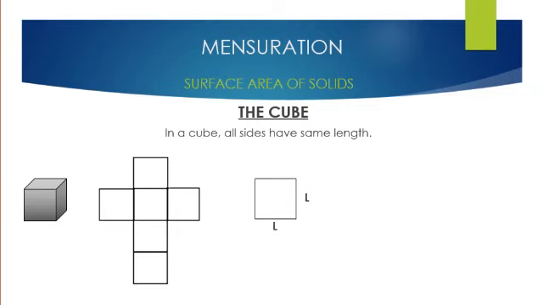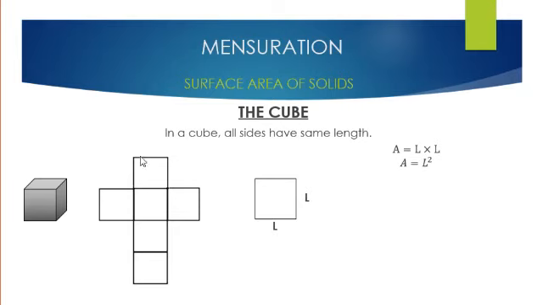So how do we find the area of such a 2-dimensional figure? We just multiply L times L, right? So area will be equal to L times L. And L times L is simply L squared, right? Yeah, now we said there are 6 sides in a cube.